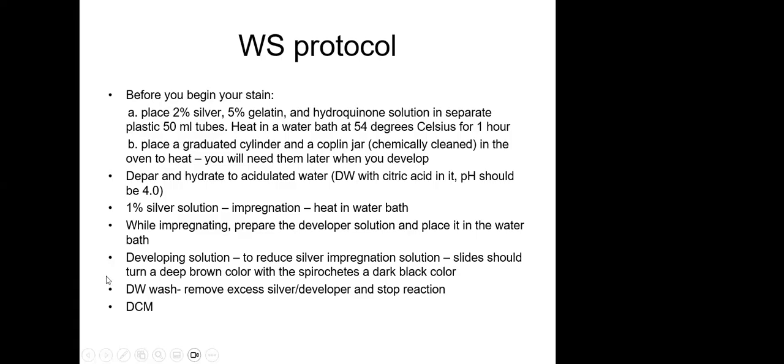Then you're going to pull it, distilled water wash to remove that excess silver and developer, and DCM. This right here is sort of the hard part, okay? While the stain itself is really simple. You're just going to impregnate, you're going to develop, you're going to wash it away, and you're going to DCM.